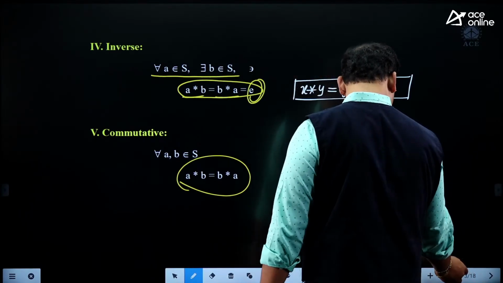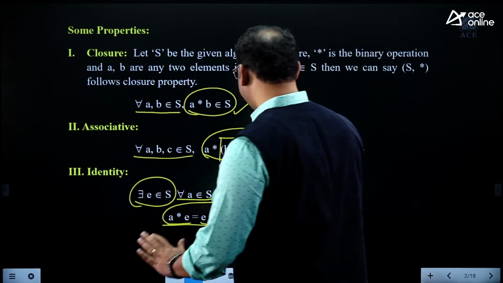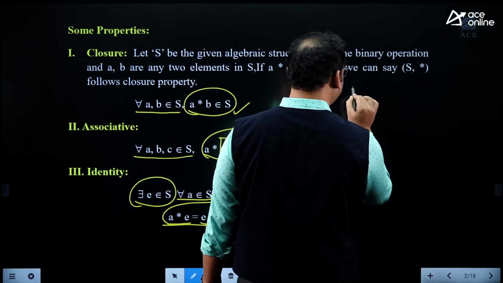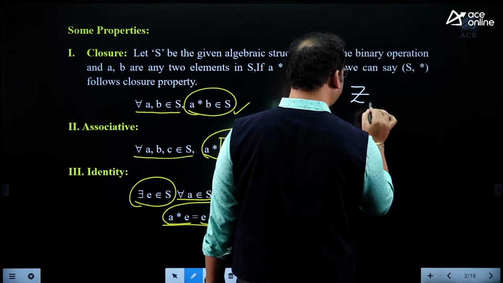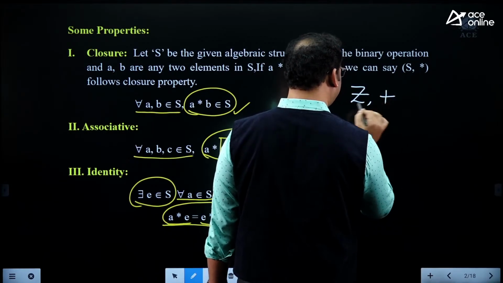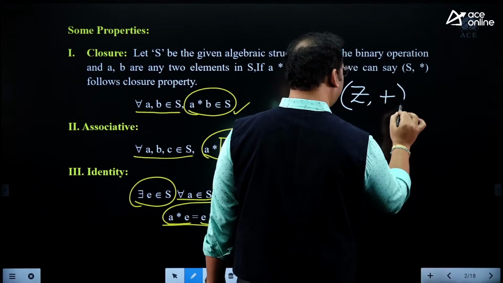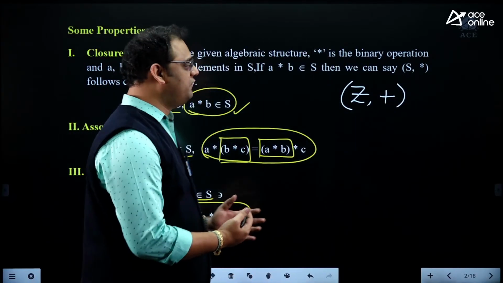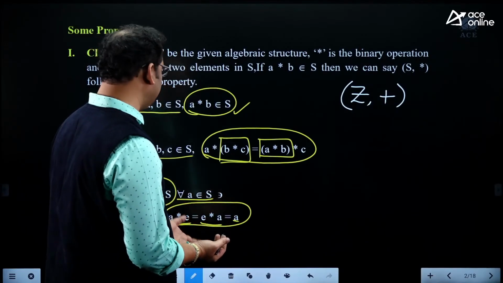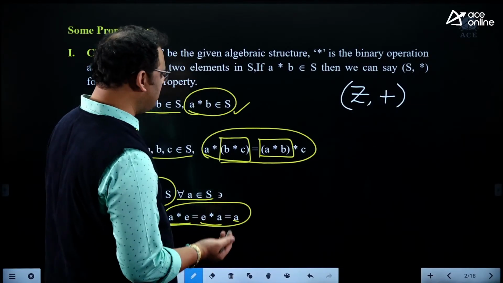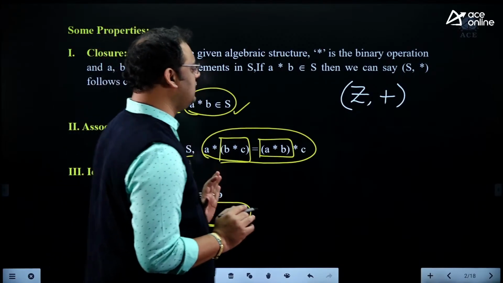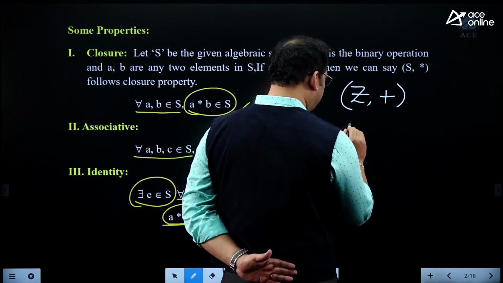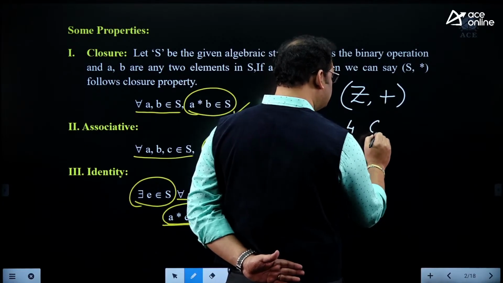Let us suppose I want to prepare a small example, that is Z, the set of integers with the operation called addition, right? If you ask me about the closure property, what is the closure property saying? You can take any two integers, one integer is 4 and another integer is 6.